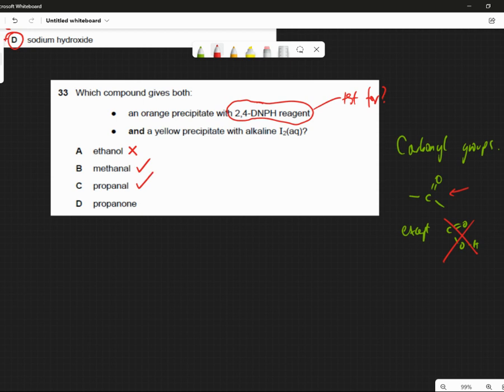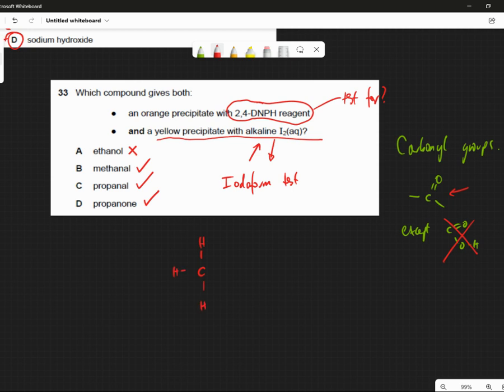Propanal does. It's an aldehyde. Propanone does as well. So the answer is B, C, or D. It's a bit of a pain. What does this react with? Yellow precipitate with alkaline I2. Alkaline I2 is known as the iodoform test. And this sniffs out this group.